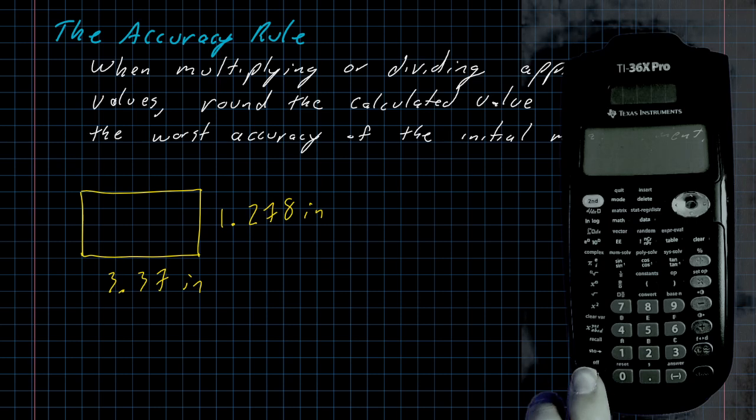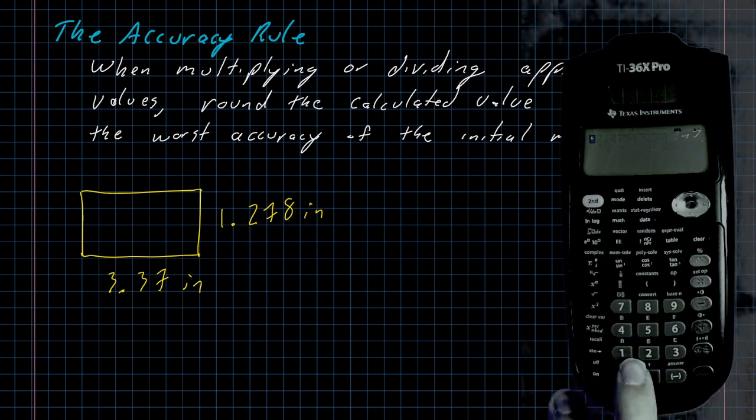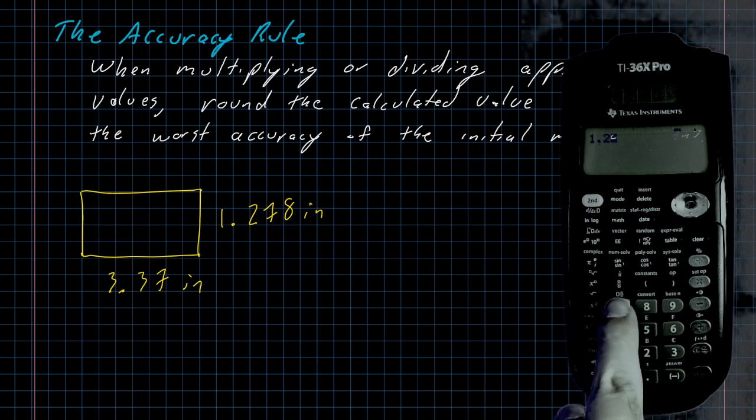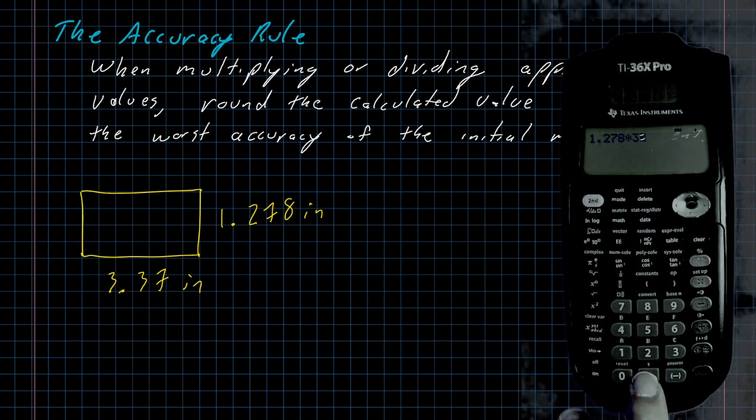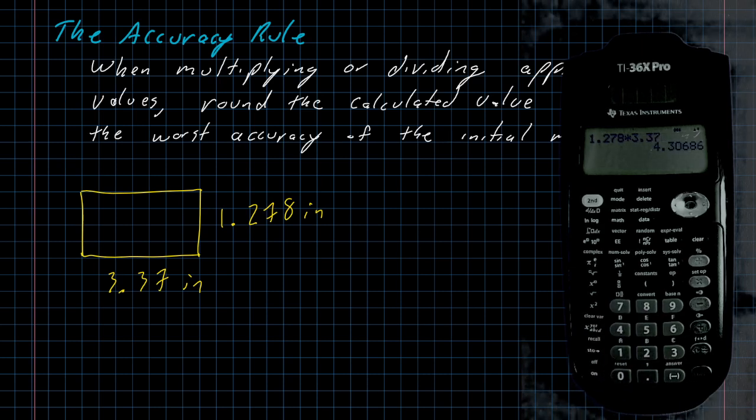There's the calculator. And I multiply 1.278 times 3.37. My calculator tells me that the measurement in this case is 4.30686.